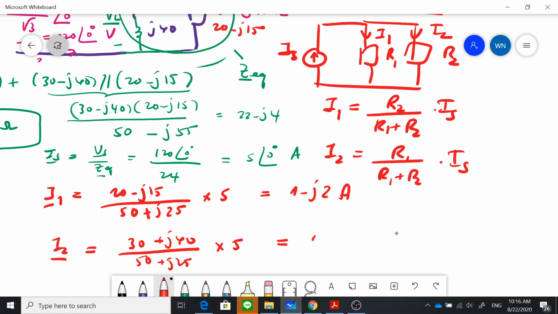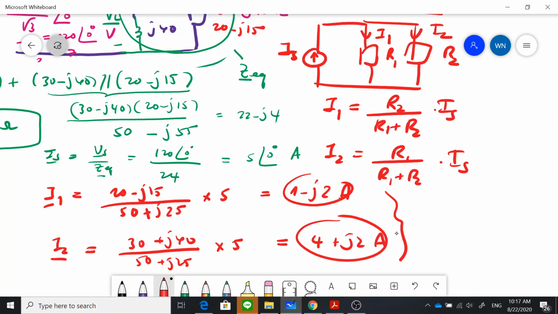In this case you get 4 plus j2. So notice that the sum of these two is 5, right? The sum of these two is 5. Correct? Right. This is the thing that we have computed already.